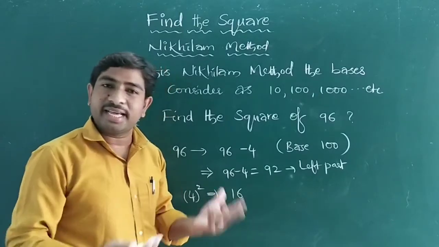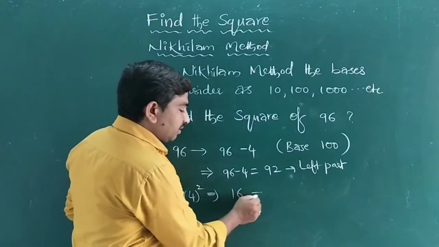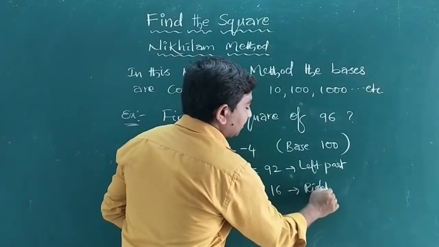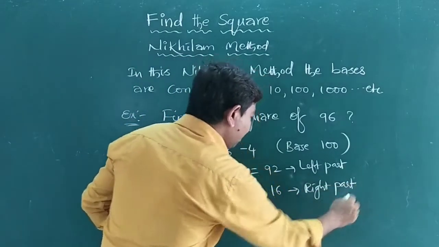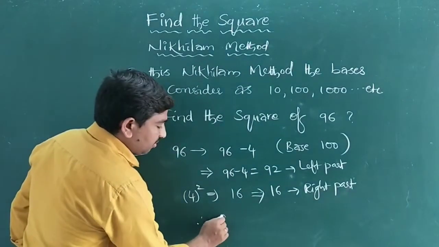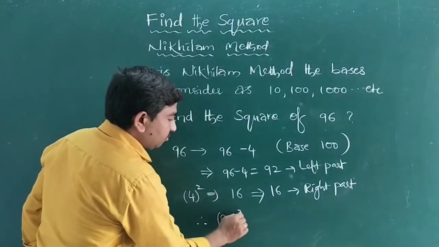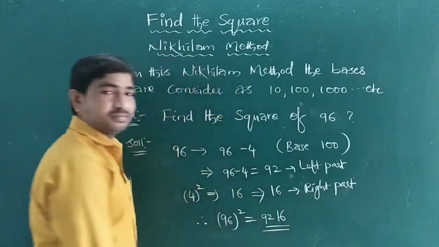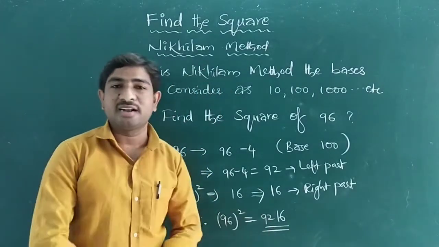That's why 16 directly contains the 2 digits. This is the right part. And now the final answer is therefore 96 whole square is equal to 9216. 9216 is the answer.